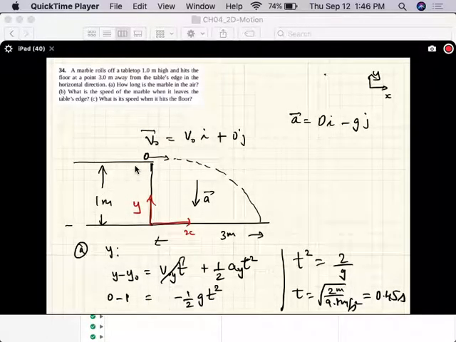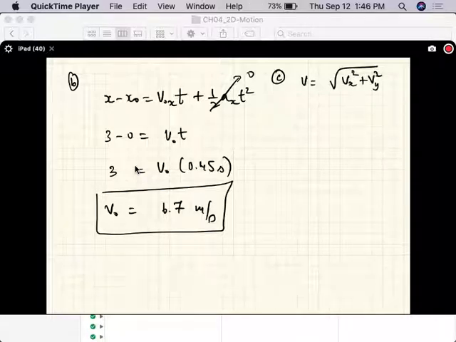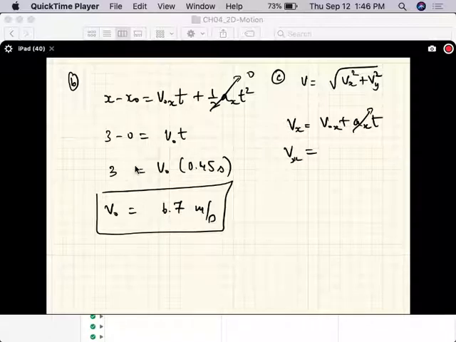And then, what is the speed when it hits the floor? What we want is the speed, the square root of the final x component of the velocity squared plus the final y component squared. So we need to find Vx, which is v naught plus a x t, and that was 0. So Vx, the final x component of the velocity, is the initial x component, which is 6.7 meters per second.